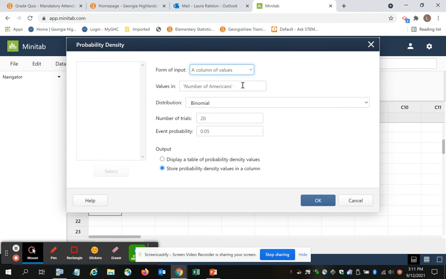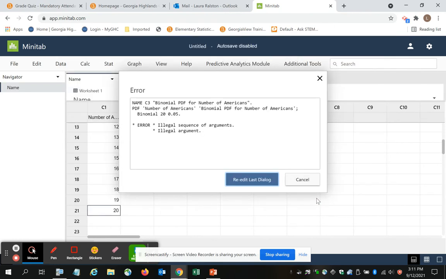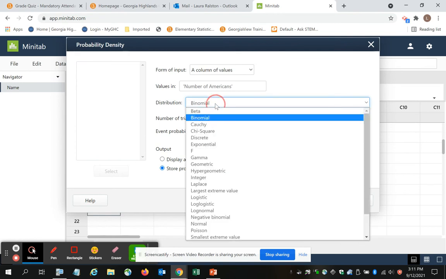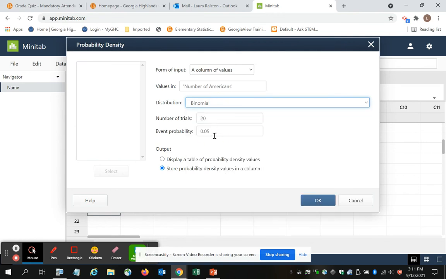Okay, column of values, number of Americans, binomial, number of trials. Okay, let me go through these again. I appear to have an error. We're doing a binomial, 20 trials.